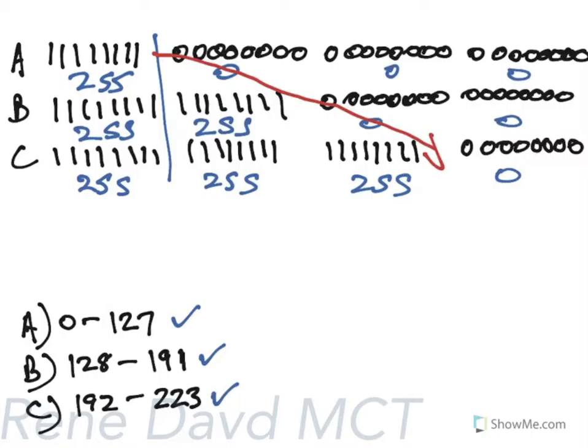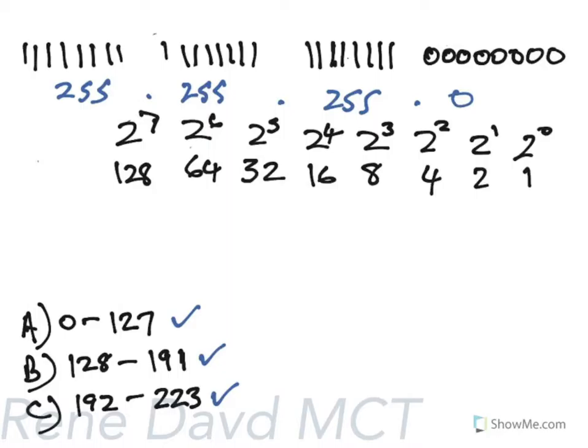What we're going to have a look at now is starting subnetting with class C. The class C default subnet mask is 255.255.255.0. As you can see, all your network bits come first, those are all your ones, followed by all your host bits, which are zeros.